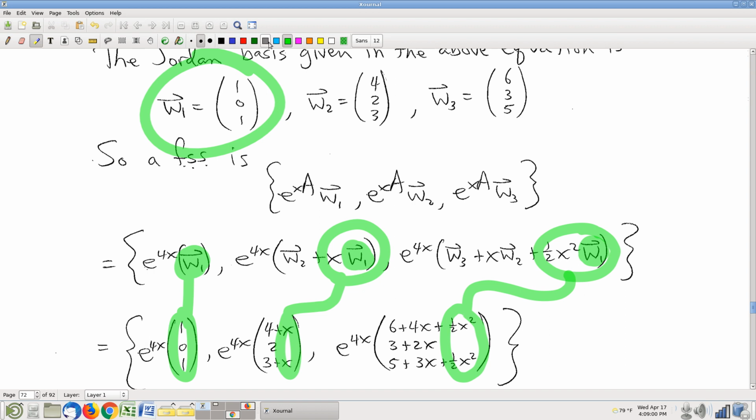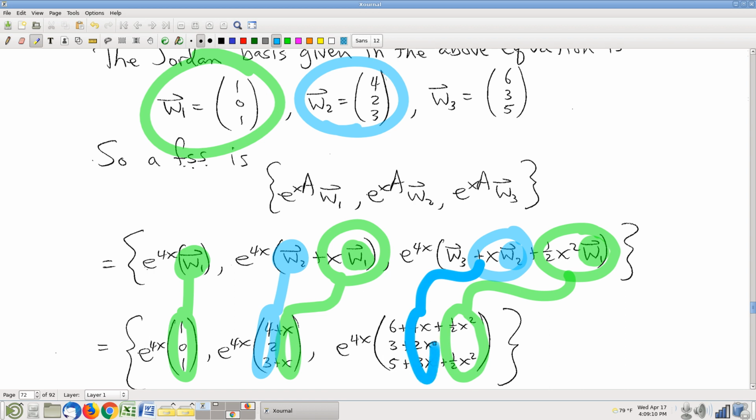Likewise, W2, you see it there? W2 multiplied by x, you see there. W3, you see there.